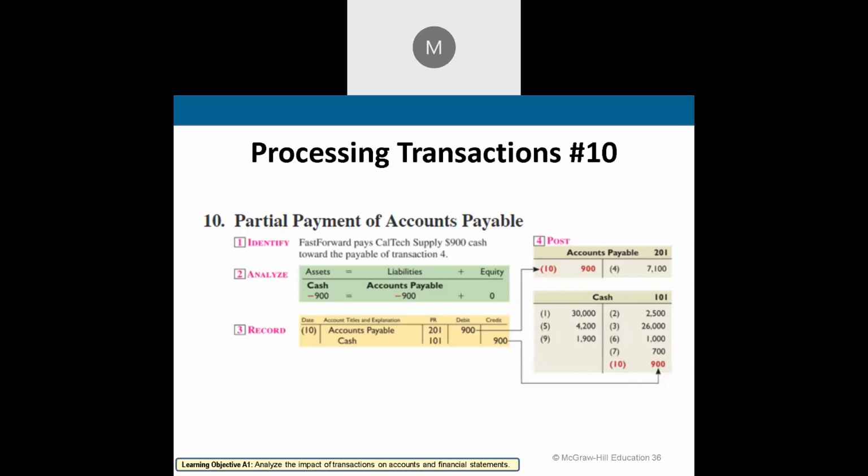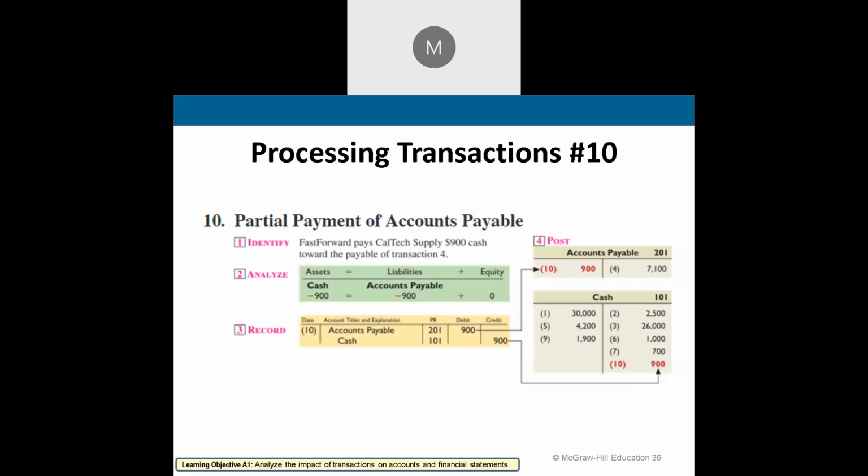So here's the example. We're going to pay our vendor $900 in cash toward our accounts payable with them. This stems from transaction 4, for those of you keeping track. Second step is analyze the transaction. We're reducing our cash and we're reducing our accounts payable. Reduce an accounts payable, which is a liability account.